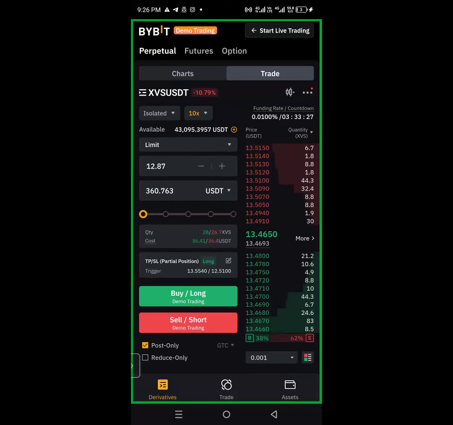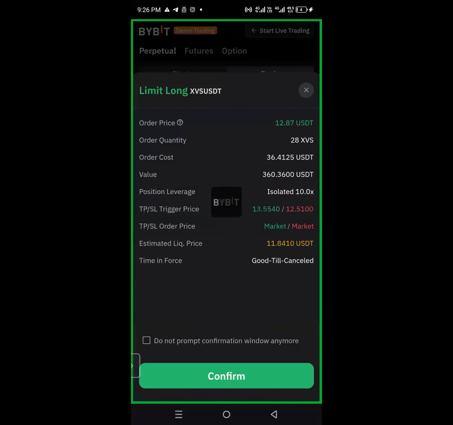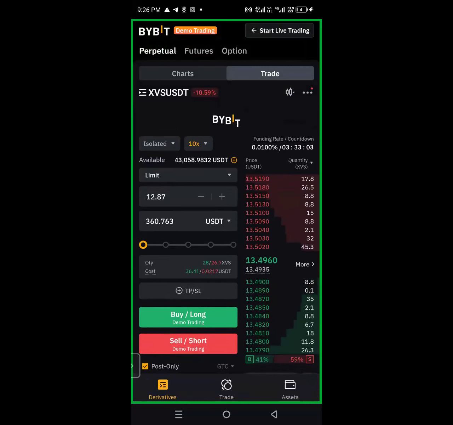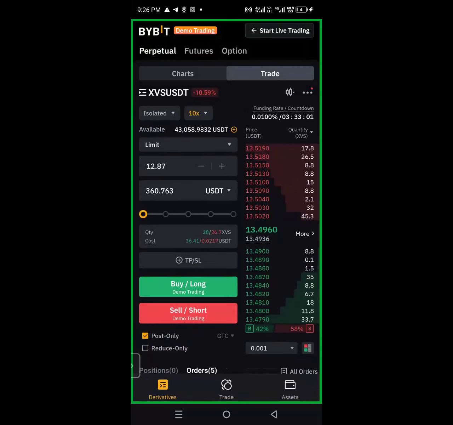So in order to complete this now, let's take note of the available balance. The available balance is 43,095.3-something. Let's ignore that currently. So let me complete the order. Are we buying or are we selling? We're buying, so I'm going to click on buy and confirm. Now let me refresh to see if the available balance has changed.